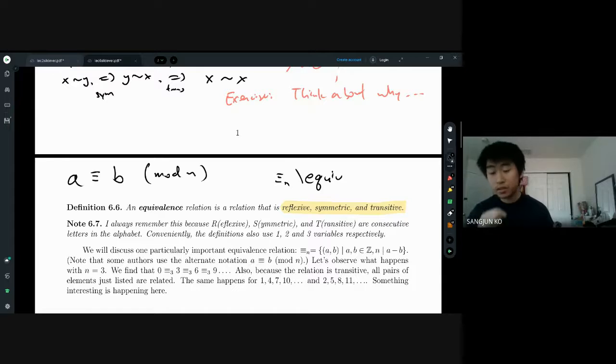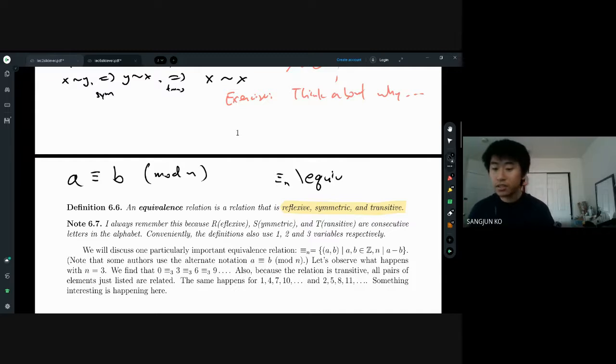It's easy to check that this is an equivalence relation. Because a minus a is always 0, and anything divides 0, so it's reflexive. Symmetry is also true because if a minus b is divisible by n, then b minus a is also divisible by n.